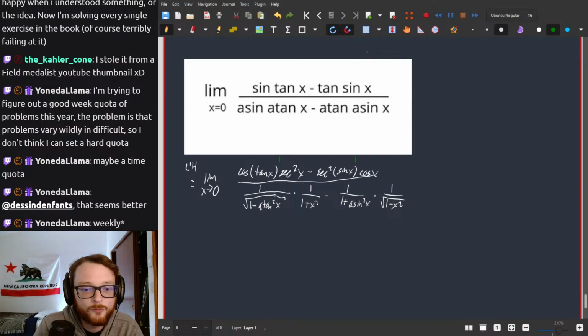Okay, so we get 0 on top. Oh, no. Please be finite on the bottom and not 0. It's gonna be 0. Just watch. This is 1. That's 1. 1. Bruh.